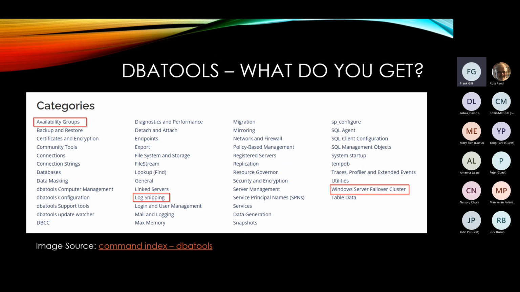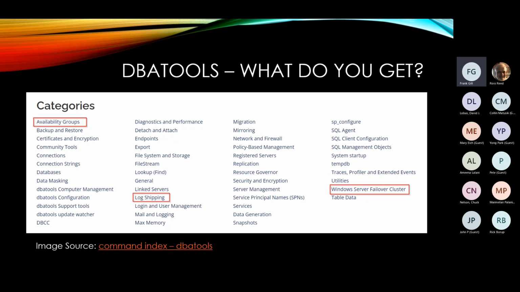So this is a screenshot from the dbatools website, and these are all the categories of commands that are available. I like to say that anything you can do in SQL Server, for the most part, you can do with dbatools. You can just take a look through here and see what is available. The three categories that I'm going to talk about, availability groups, log shipping, and failover clustering, are highlighted.